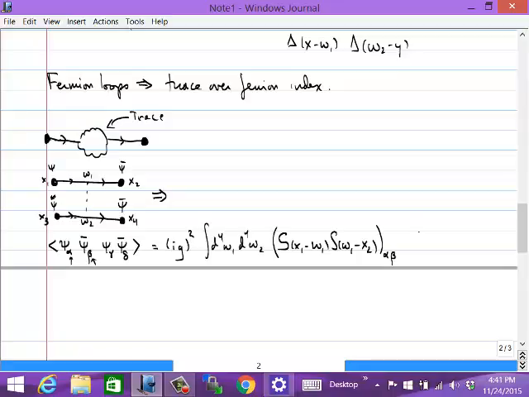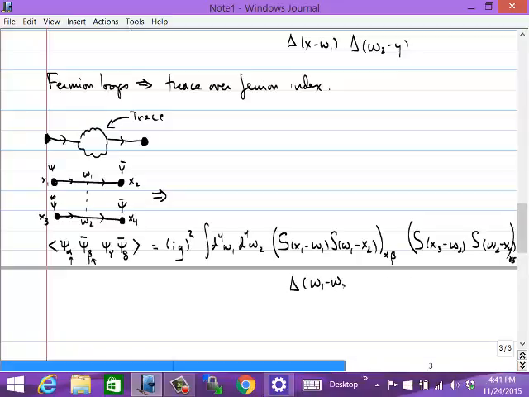And then you'll get an S of x3 minus w2 times an S of w2 minus x4. Those are 2 4x4 matrices that you multiply together. You get another 4x4 matrix whose indices are gamma delta. And then you get a scalar propagator, which is a delta of w1 minus w2. Okay, any questions on that?